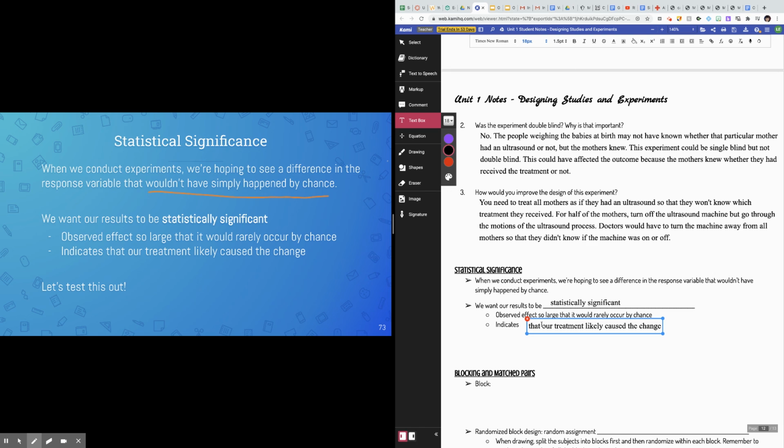But if there is a big enough difference in the results because of those treatments, we say that the effect is too big, too different, too much to have just been caused by random chance, by the natural variation of the universe. So it's likely that our treatment caused that change, and that change represents a truth about that population.